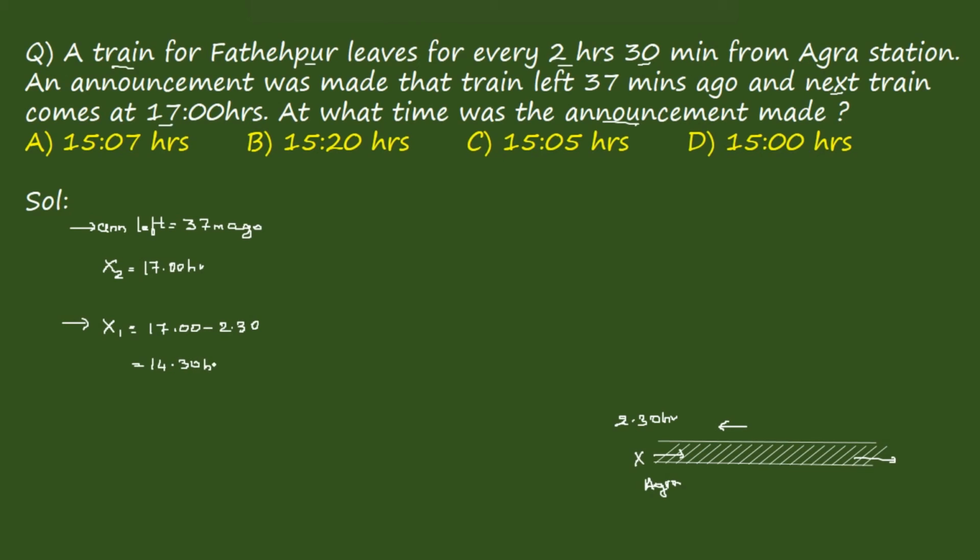But the announcement was made 37 minutes after that. So the announcement was done after 37 minutes, and it becomes 14.30 plus 37, which is equal to 15.07 hours. After X1 has left, the announcement was done after 37 minutes, so we add it. It becomes 15.07 hours. So the answer is option A.